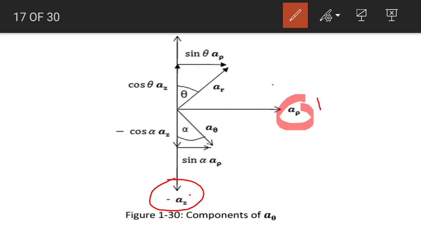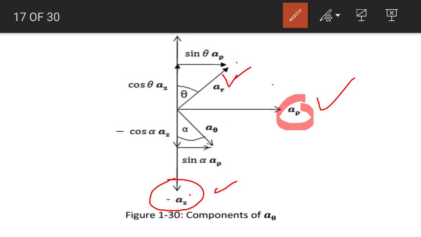So these are the two unit vectors of the cylindrical coordinate system. And we consider two unit vectors of the spherical coordinate system. ar is a unit vector of the spherical coordinate system which makes an angle of theta with respect to z-axis.